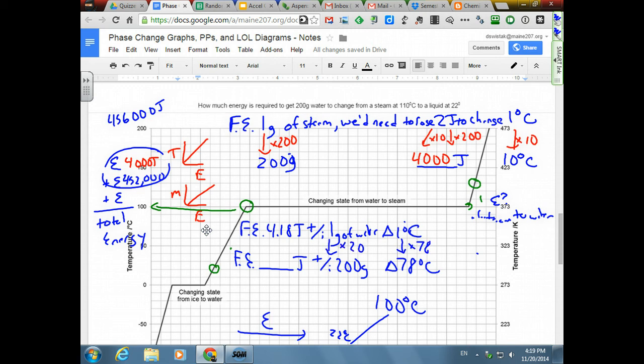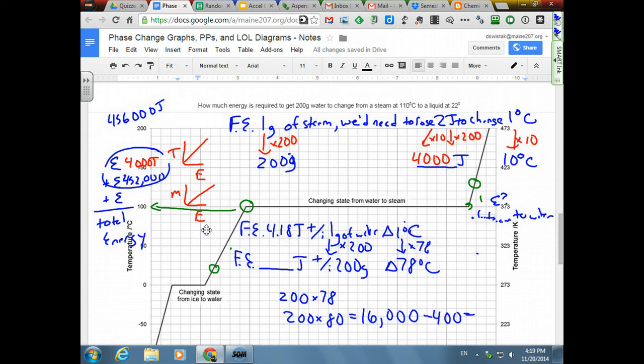So I'm going to multiply by 78. I'm going to multiply by 200. And this isn't as hard as it seems, although it is a little tedious on this one, I will admit. So 200 times 78 is the same thing as 200 times 80, which is 16,000. And then I'm going to subtract 400 because I was 2 away from being 80. So that's going to be 15,600.